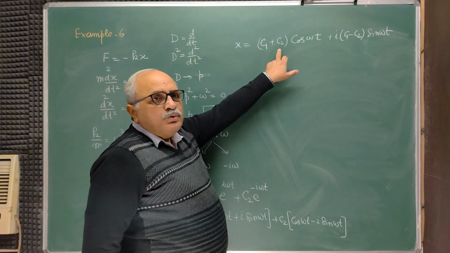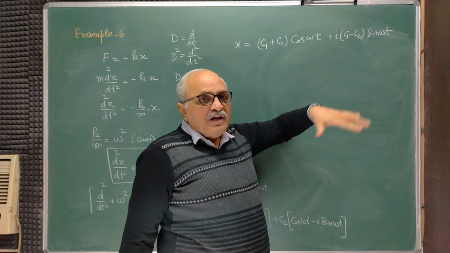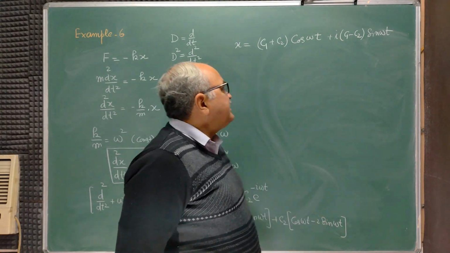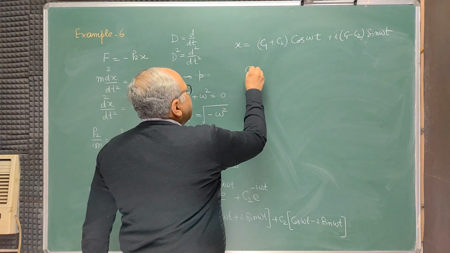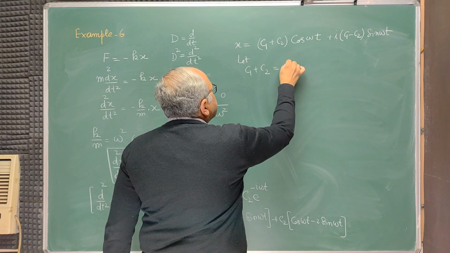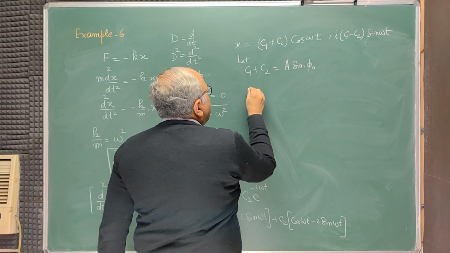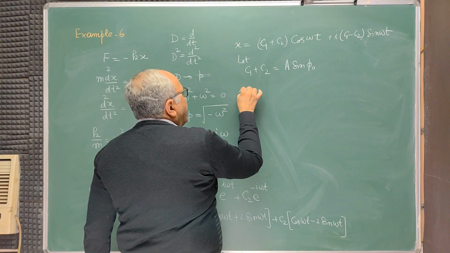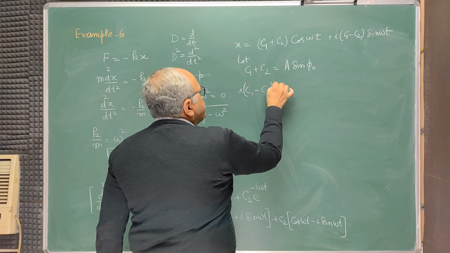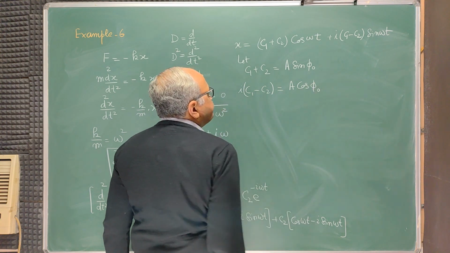Since c1 and c2 are constants, c1 minus c2 along with iota is also a constant, so we are replacing it. What we are saying is, let c1 plus c2 equal a sine of phi 0, and iota times (c1 minus c2) equal a cos of phi 0.